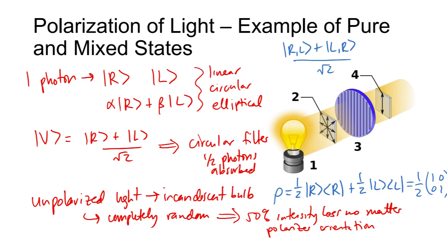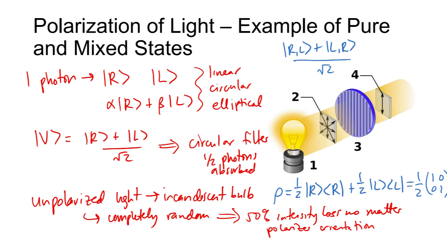An individual photon can be described as having right or left circular polarization, so we can write it as R or L. And we can also describe it by a superposition of the two, so we can describe it as alpha R plus beta L. And we know alpha squared plus beta squared equals 1.